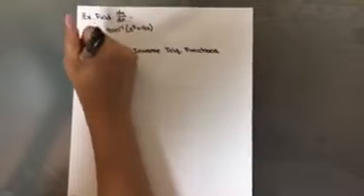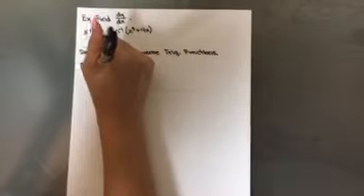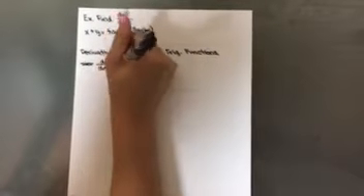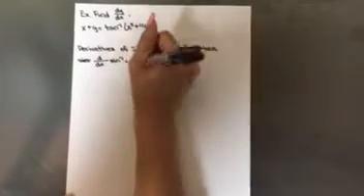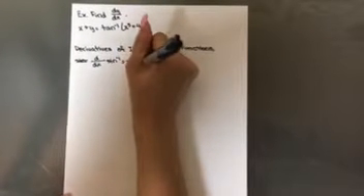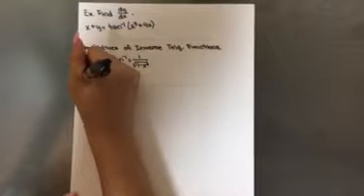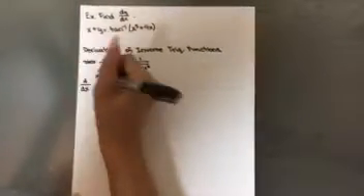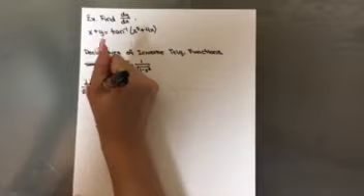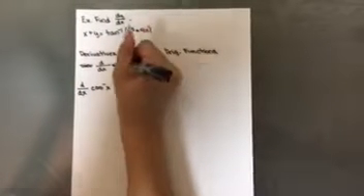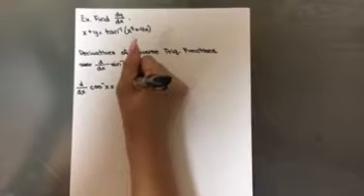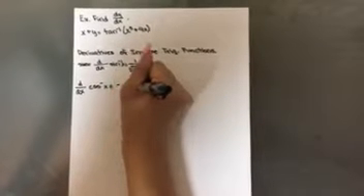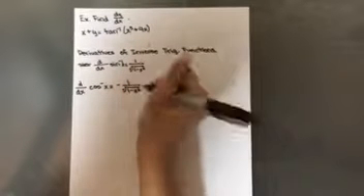So the derivative of arcsine is going to be 1 over the square root of 1 minus x squared, while the derivative of arc cosine of x is going to be equal to negative 1 over the square root of 1 minus x squared.